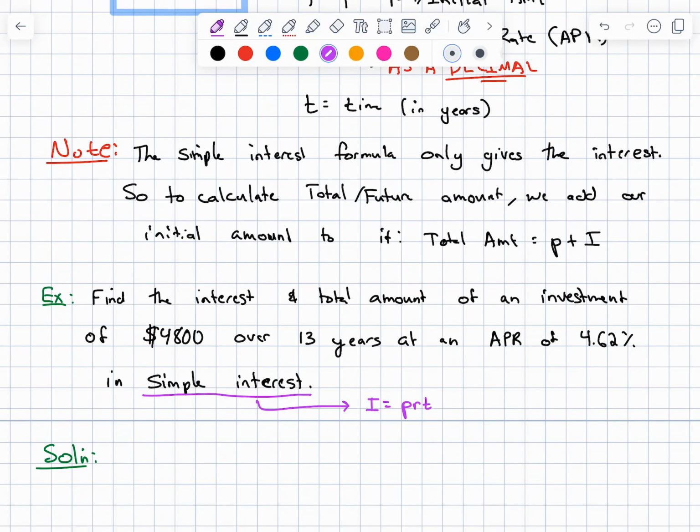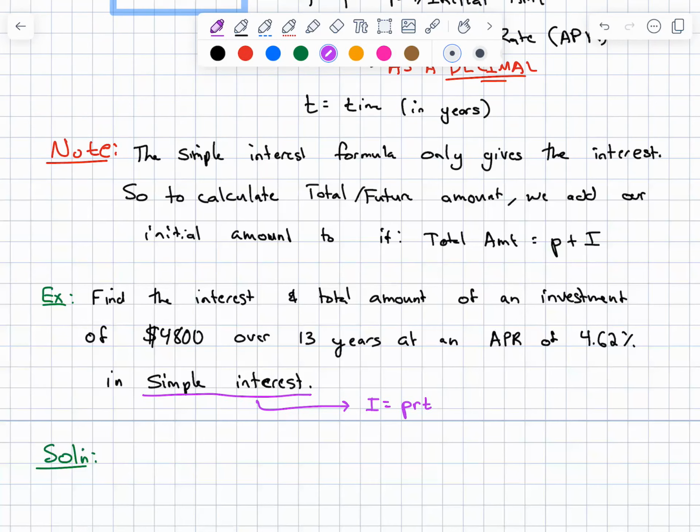Look for the verbiage. If you see simple anywhere listed, it's probably going to be simple interest. If you see simple interest, it's definitely going to be simple interest. If you see the word compounded or compound interest, then you know that you're dealing with the compound interest formula. That's why I'm underlining it.